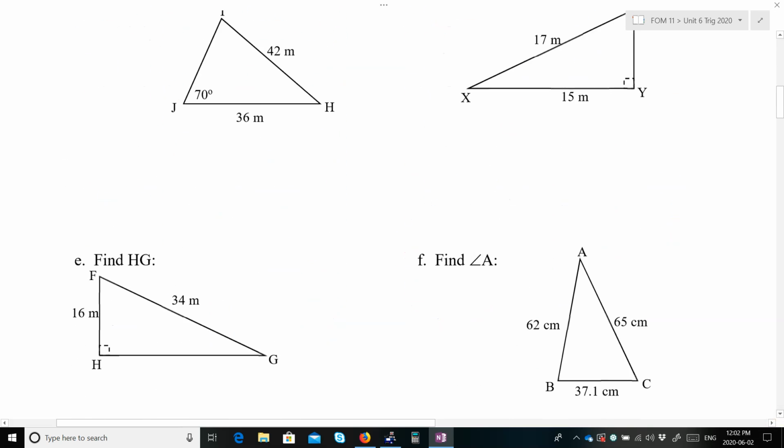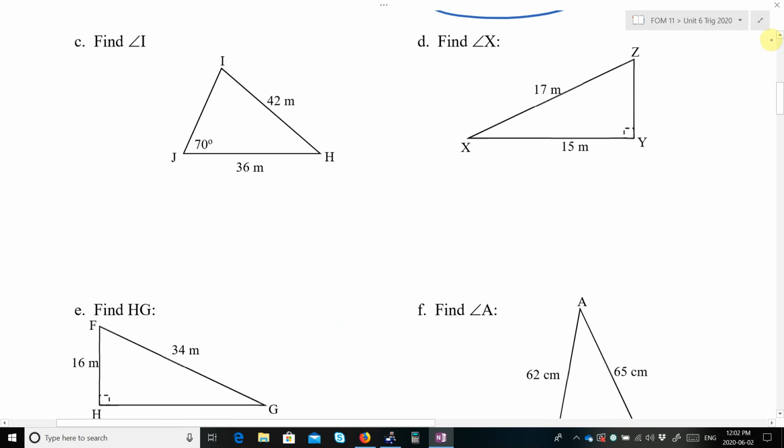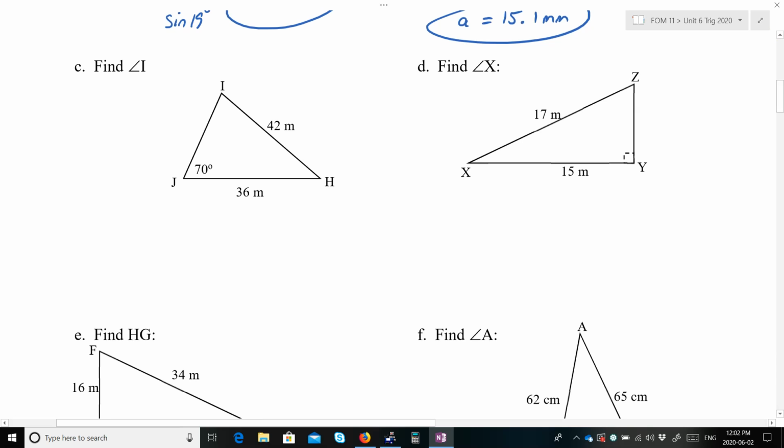All right, letter C. They want us to find angle I. Okay, they are not showing a 90-degree box, so that means sine law or cosine law. And the sine law is good if you have what's called an angle-side relationship, an angle and its opposite side. So then we can get angle I using its opposite side there as well.